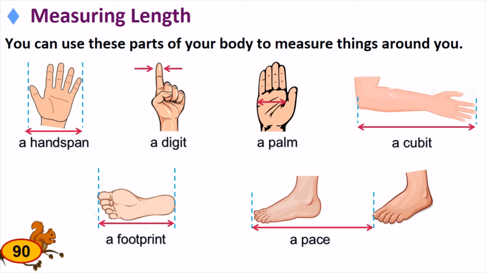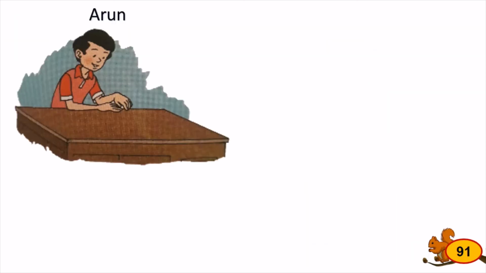Now let's move on to page number 91. On page number 91 we can see three images. Let's learn in detail about each image. In the first image you can see a boy whose name is Arun.